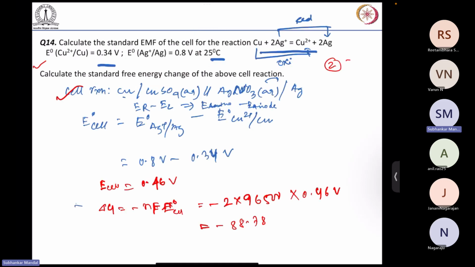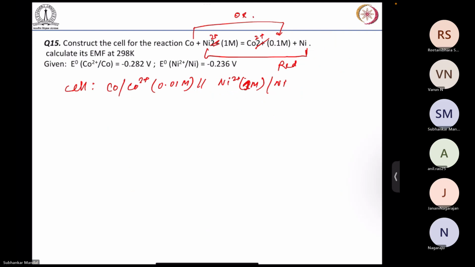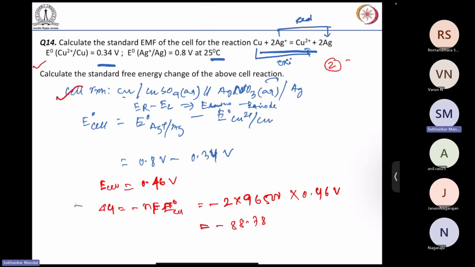Here I want to tell you there is a small trick. It is given to calculate the EMF. Earlier it was the standard EMF, for which you just subtracted. But this is not the cell potential you would get from measurement.